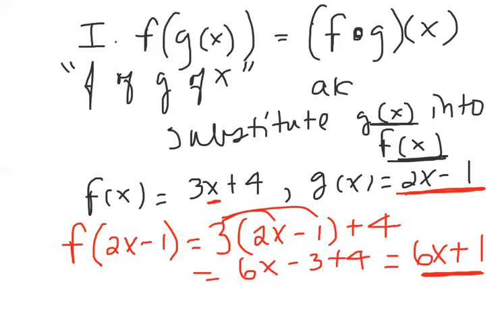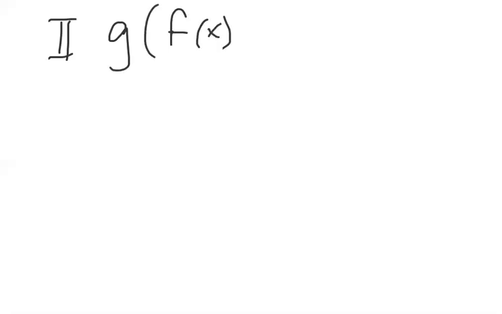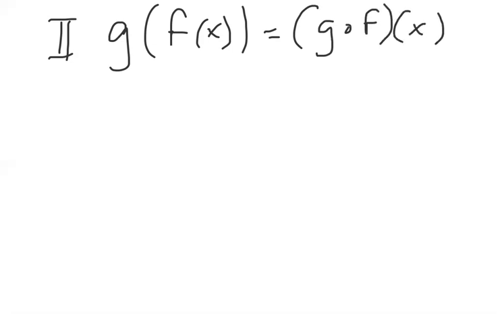Now, there's a second one. So here comes the second one, guys. The second one is referred to as g of f of x. And then another way to notate this is g of f of x, aka g circle f, okay?